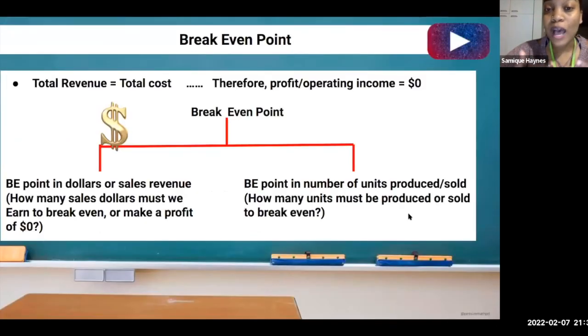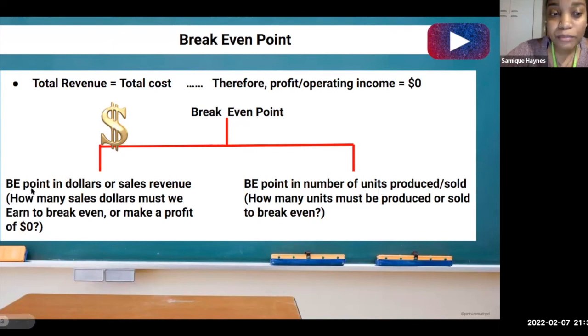So now we're at, how do we calculate the break-even point? Break-even point again is where total revenues is equal to total cost. It tells us our profit or operating income is $0. We can calculate break-even point in two ways. We can calculate the break-even point in dollars, or we can calculate the break-even point in the number of units produced or sold.